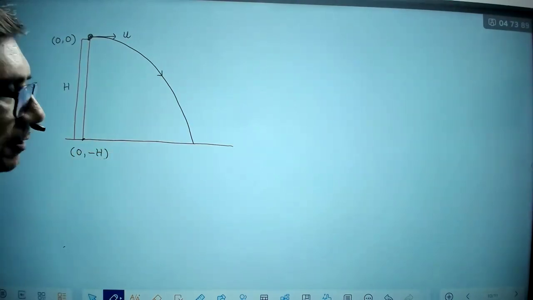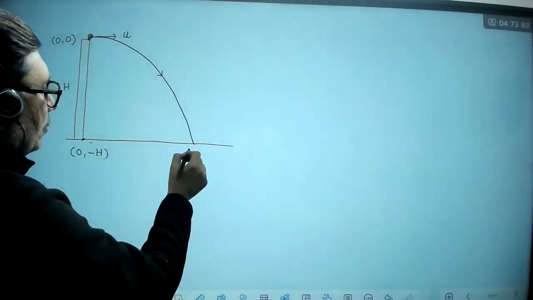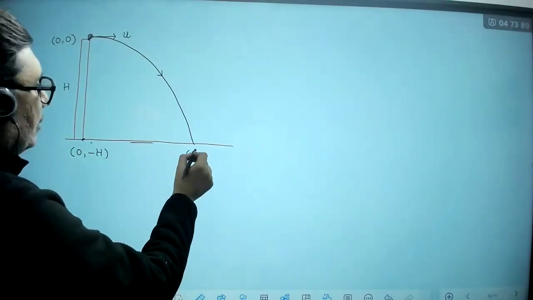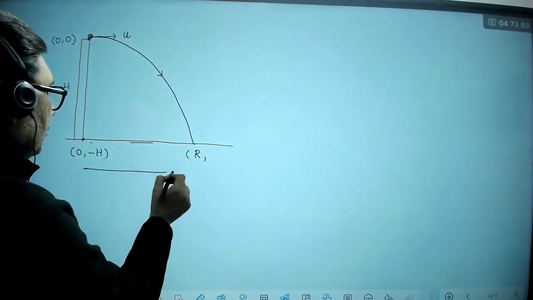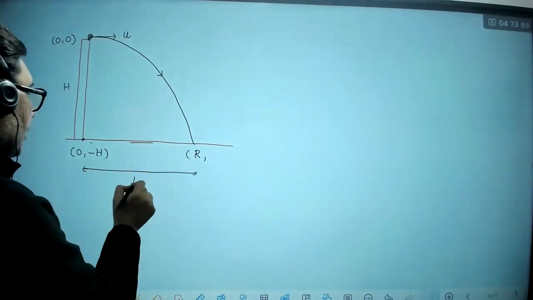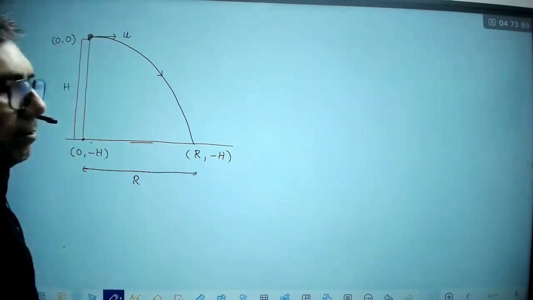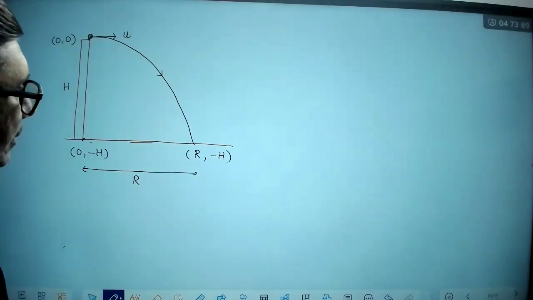And here this will be r, the range from here to here, and this will be minus h. Is it okay? So in this way you can consider it. So this is r and h.